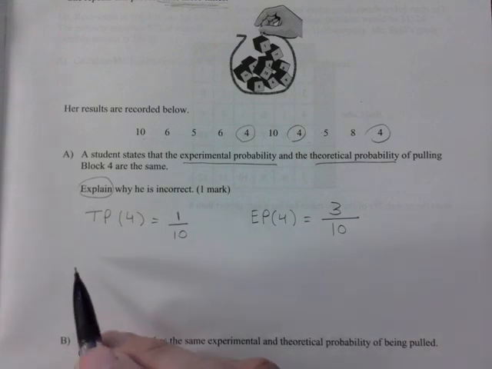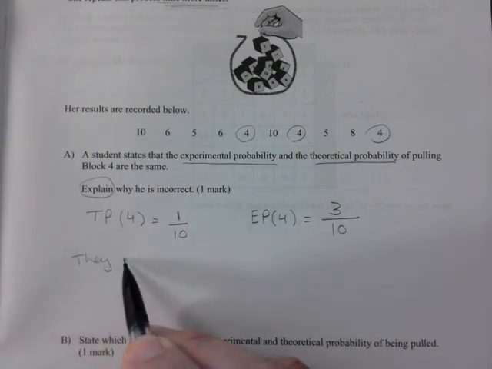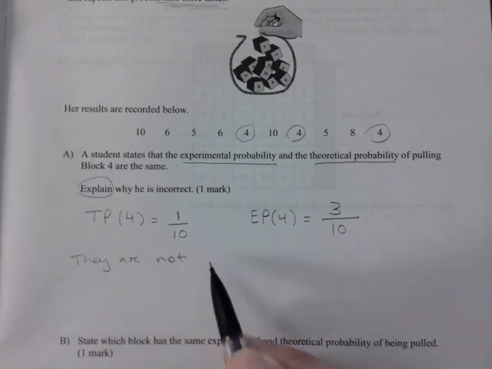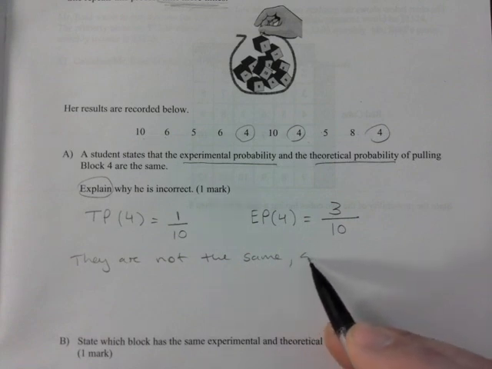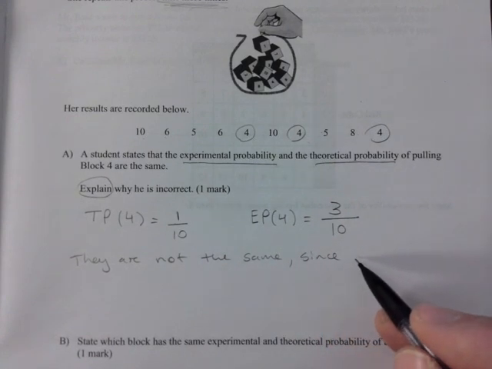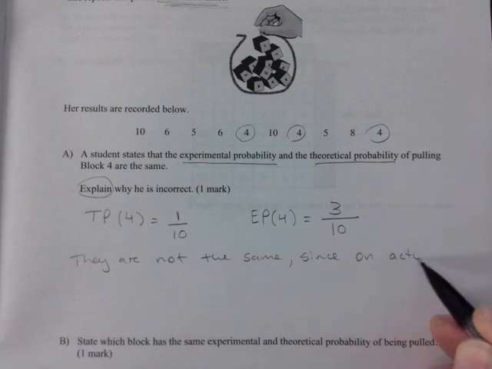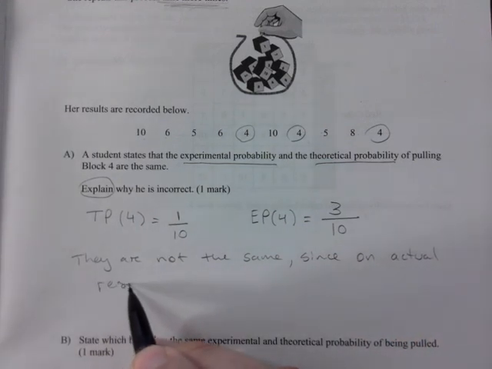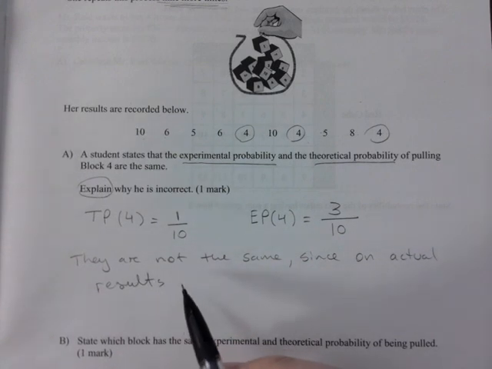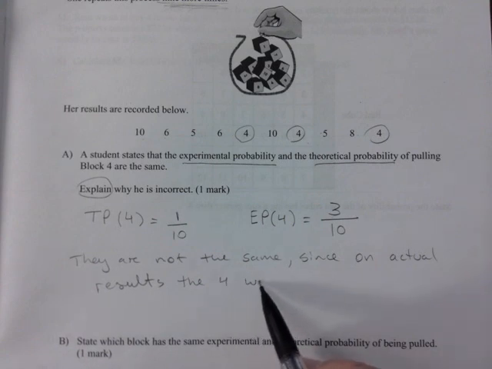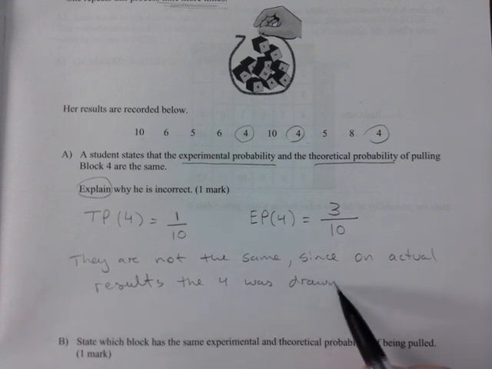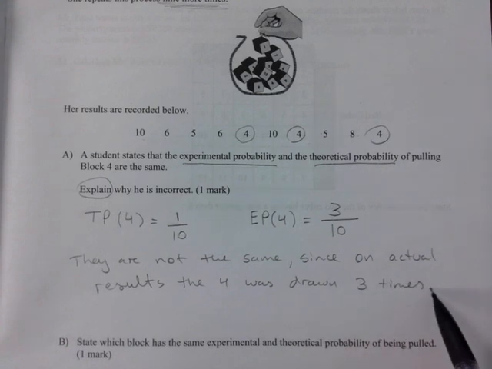So I would say they are not the same. Since on the actual results, the 4 was drawn 3 times. This would be sufficient for this question here.